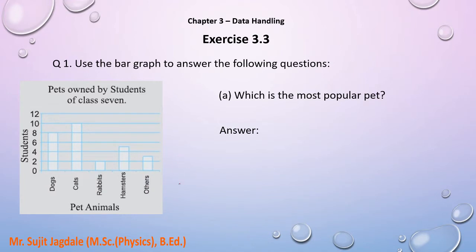Clearly, if you observe the bar graph, the second building is very tall. That means the tallest one is the second one, which is for cats. So obviously the maximum number of students like to keep a cat as a pet. So what is our answer? Cat is the most popular pet. In this way, from the bar graph we can find the answer.